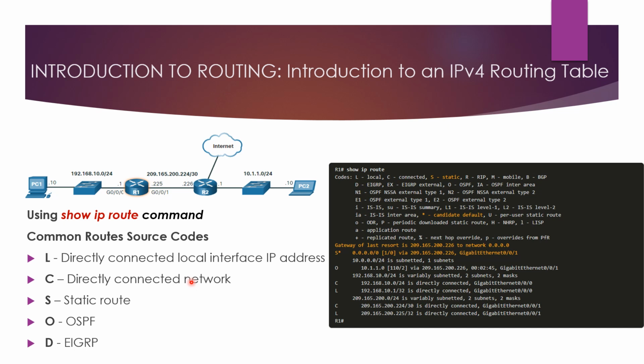The routing table displays all of the known IPv4 destination routes for router 1. A directly connected route is automatically created when a router interface is configured with IP address information and is activated. The router adds 2 entries with the code C, as you can see here, and L, as you can see here.